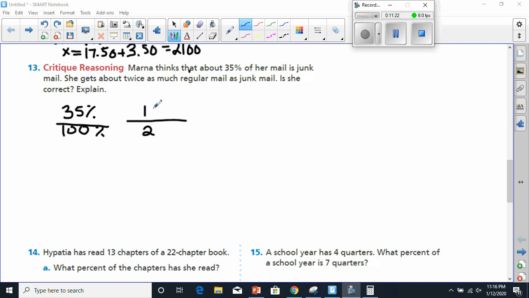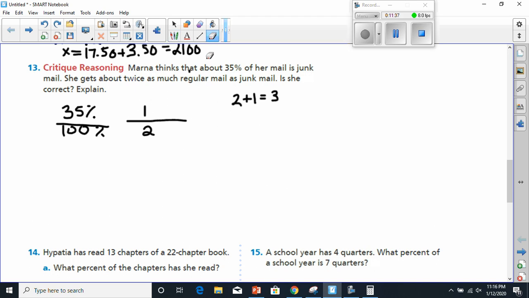So we'd have to take the 2 mails that are not junk mail and add them to the one that is, to get the total amount. In actuality, this is going to be 3 down here. This 1 out of 3 is junk mail, and she said 35% of her mail is junk mail. I think this makes more sense.